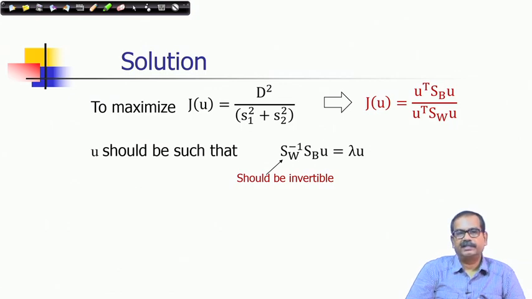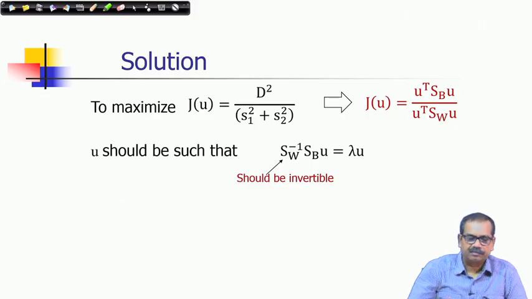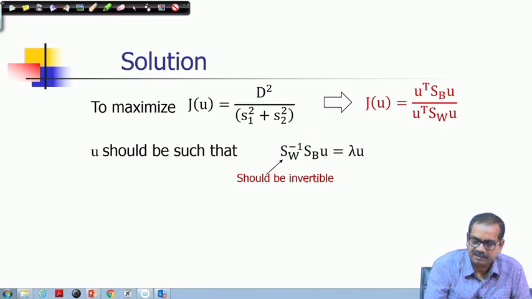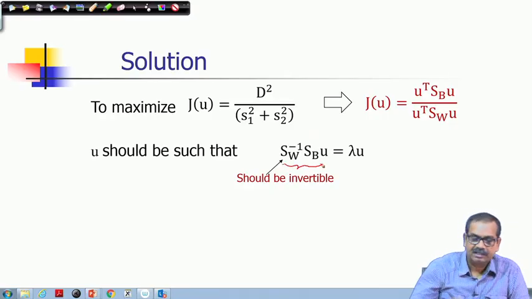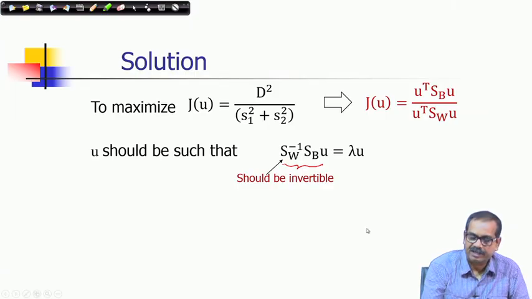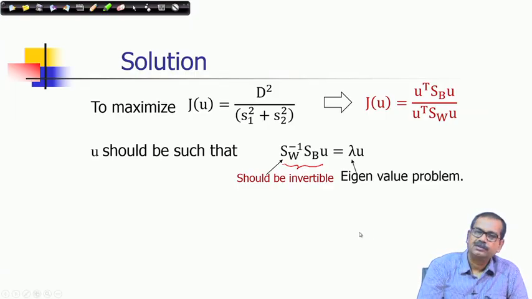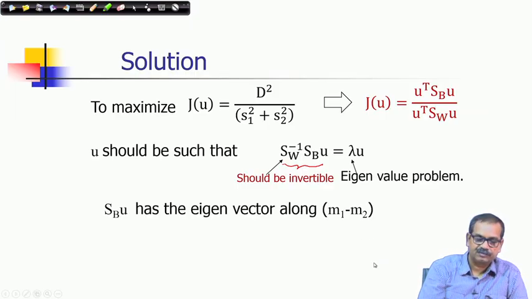I am not giving you the derivations, I am providing you the final solution, that u is the eigenvector of this particular matrix. It is like an eigenvector solution of SW inverse SB, and since you want maximization, you have to consider the eigenvector corresponding to the maximum eigenvalue.